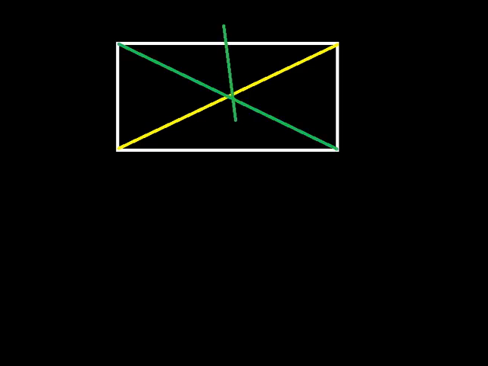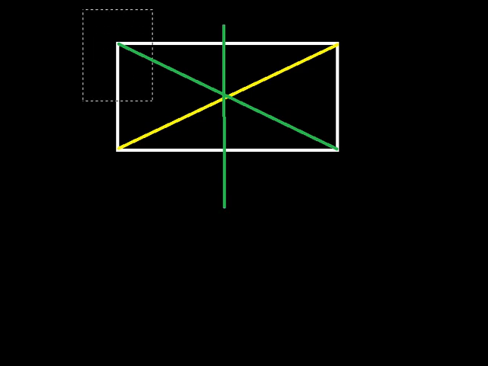For instance, we can have this as the line of symmetry, and we can also have this one, or else this one. A line that cuts the rectangle into two equal parts is also a typical line of symmetry.